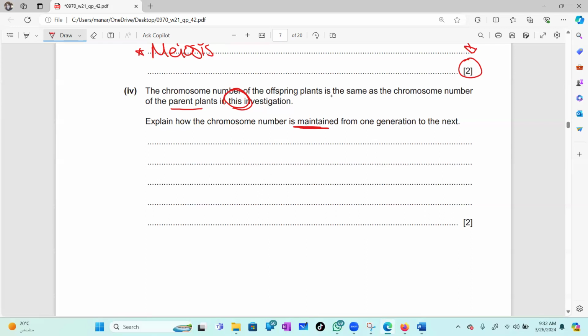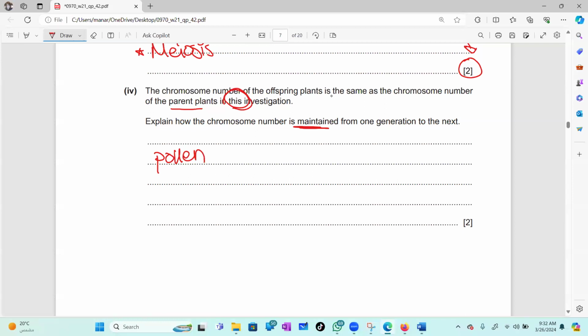Okay, there is also something here that you should give me the answer. The pollen is haploid or diploid? Haploid. Of course. So here in this investigation, what did they do? They took the pollen from one flower and they put it on the stigma of another flower.